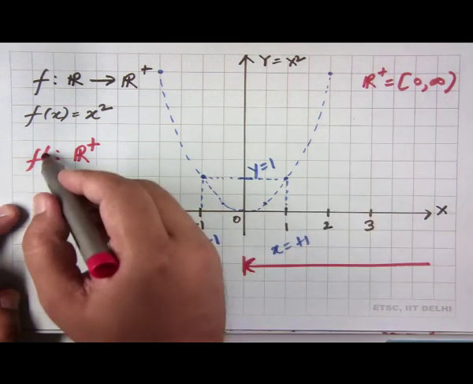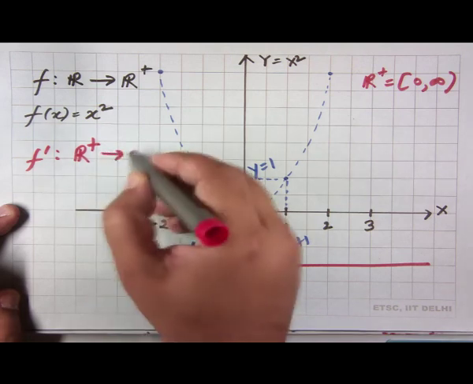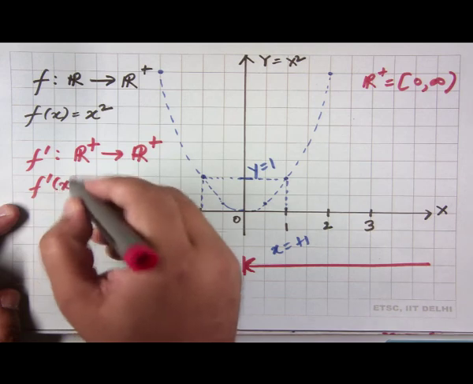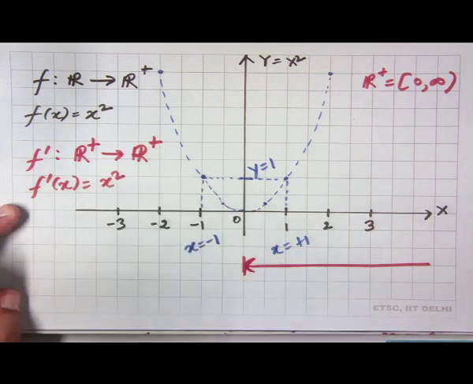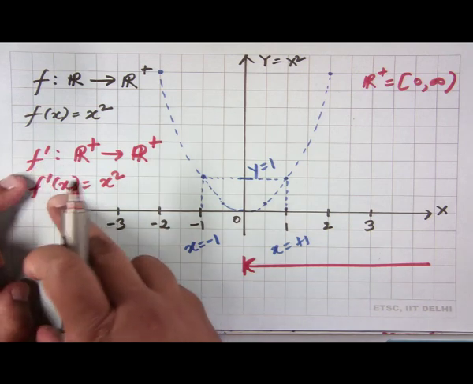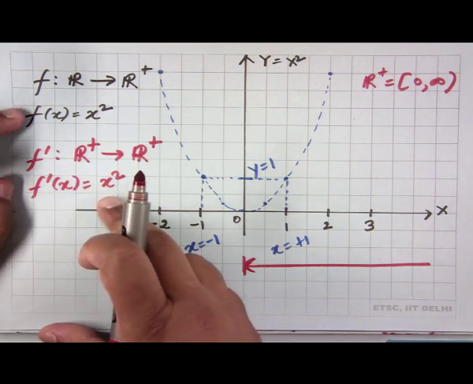So, we define a new function f prime from R plus to R plus, and f prime of x is again x square, which is the same as what we had before.